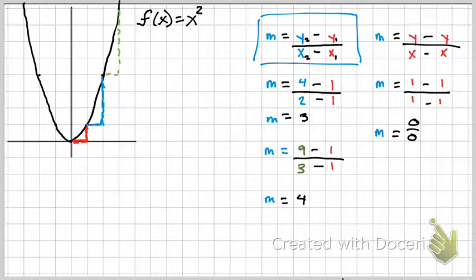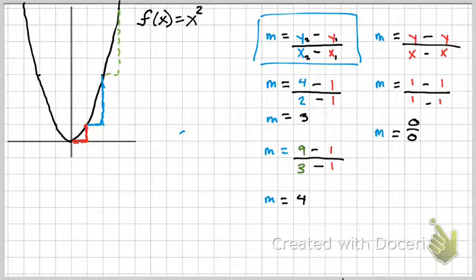If we try using this formula to solve for the slope on the parabola, it's going to give you different answers. Whenever you try putting in the point 1, 1, which is right here, and also point 4, 2, you're going to get your slope as equal to 3.